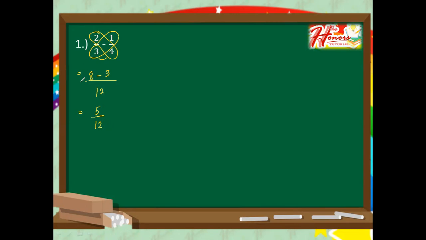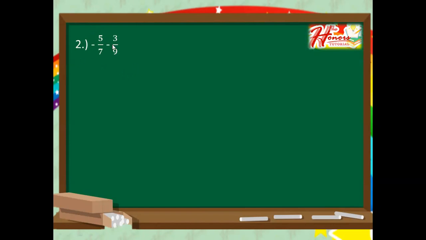Next, let us have example number 2. For example number 2, we have here negative 5 over 7 minus 3 over 9. How are we going to solve for it?